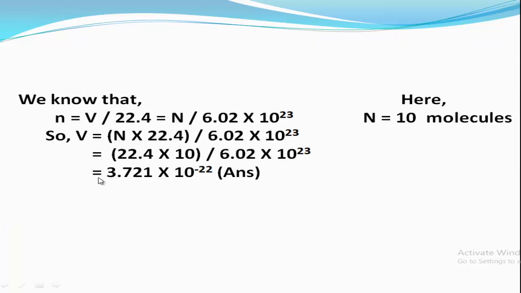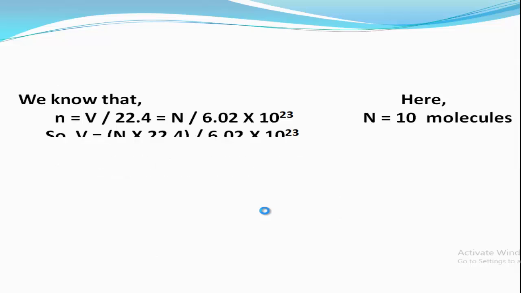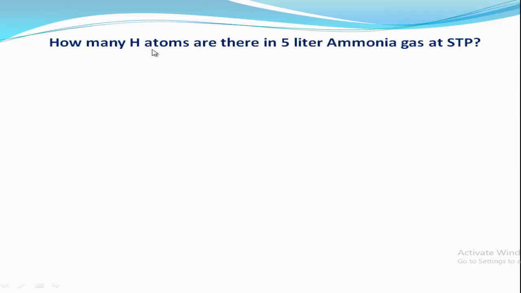Also using a formula you can do it this way: V by 22.4 equal to n, also n equal to N divided by Avogadro's number. Here N is given, 10 molecules, you have to determine V. Now for another problem, how many hydrogen atoms are there in 5 liter ammonia gas at STP?